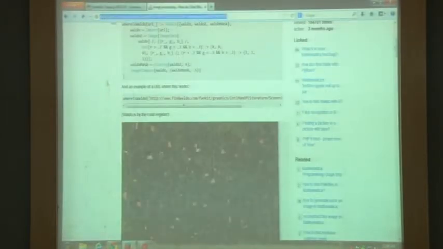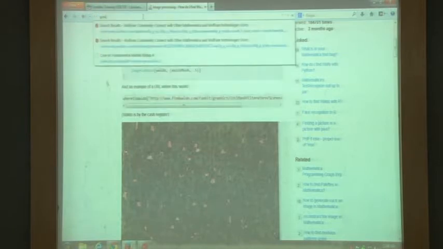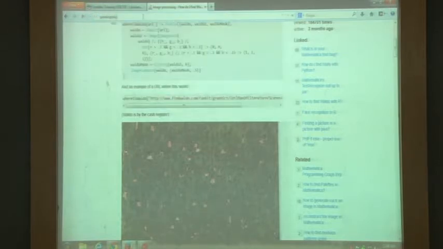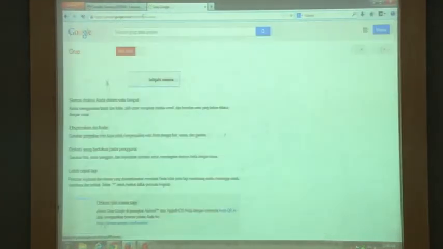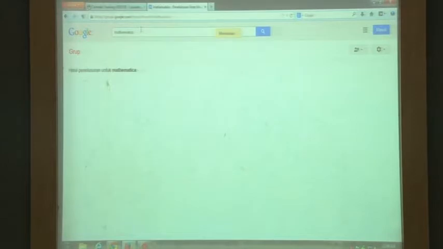And the third community will be groups, groups.google.com, and then you will search for the Mathematica group.